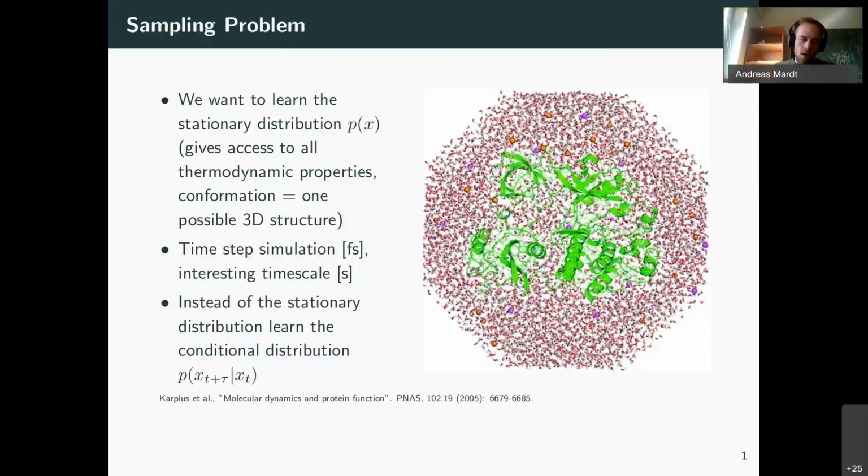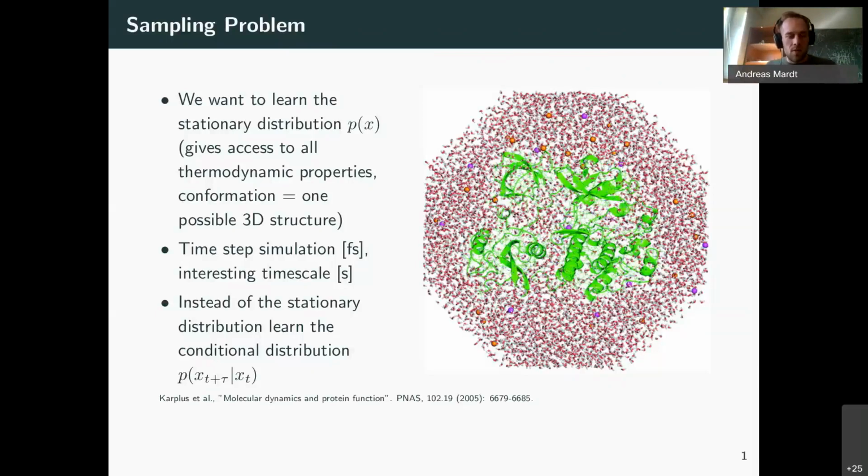And so one of the tricks of using a Markov state model is to change the perspective a little bit. We do not aim to directly learn the stationary distribution, but indirectly by learning the conditional distribution, which says: how likely do I jump from a conformation x_t to a conformation x_{t+tau}, tau later?